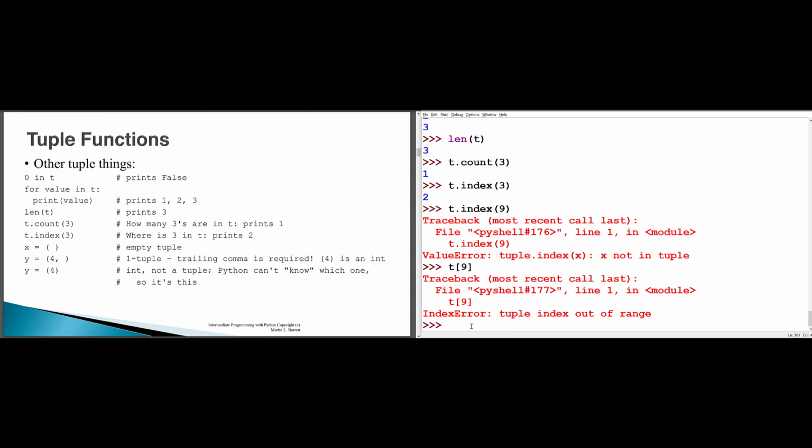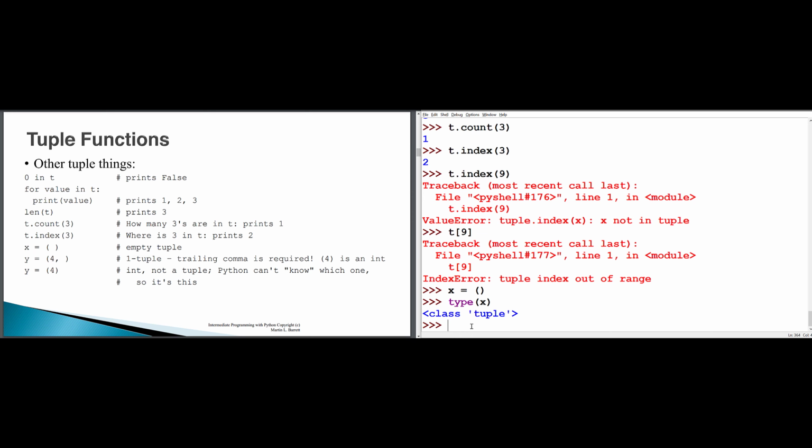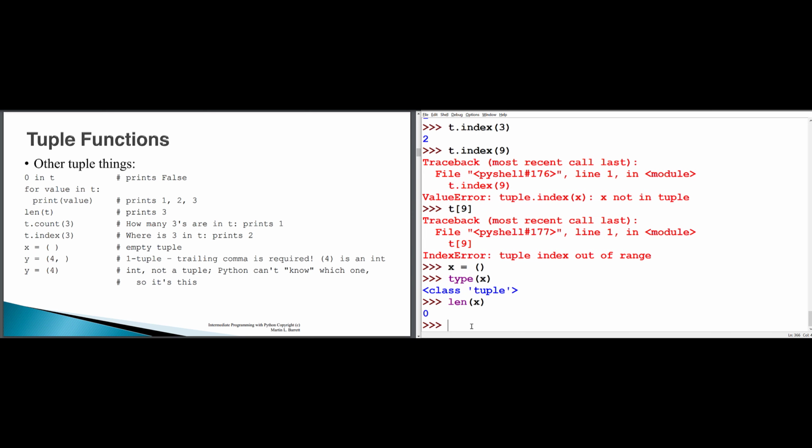To create an empty tuple, you simply use empty parentheses. So x gets empty parentheses means that x is a tuple, but it contains no values at all.